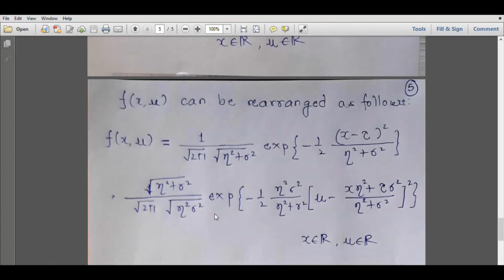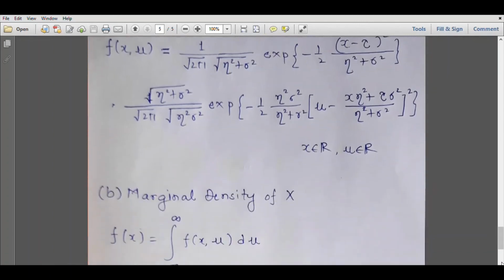So notice that what we have done is, we have written this joint density function of x and mu as the marginal distribution of x multiplied by the posterior distribution of mu given x. In order to get the marginal density of x, you will have to integrate this joint distribution of x and mu with respect to mu.